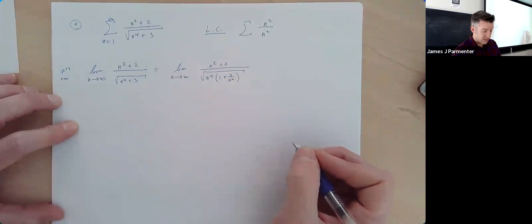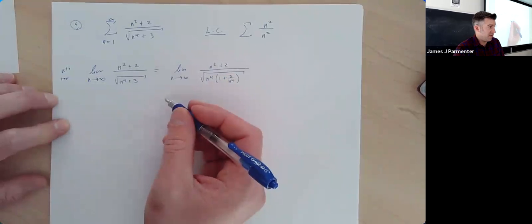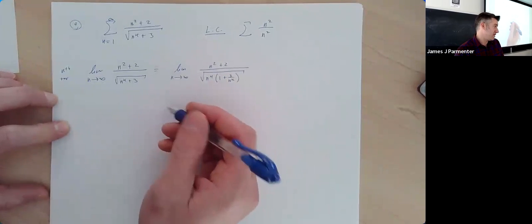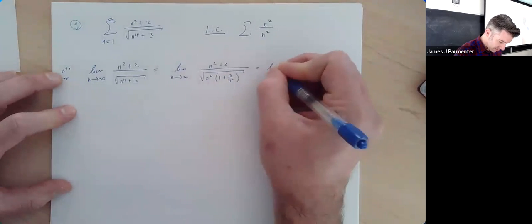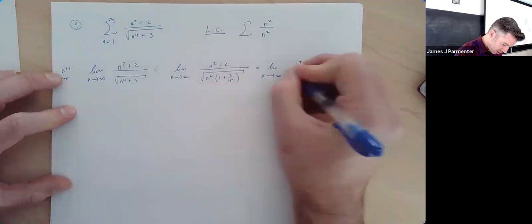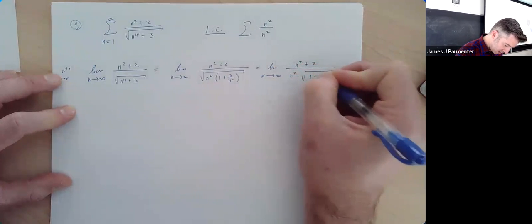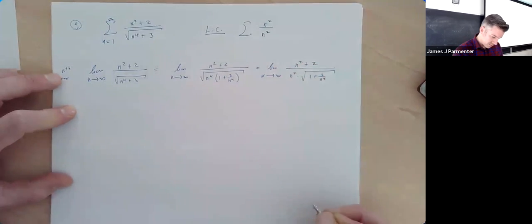The reason is so that I can bring out the n squared. Because what's the square root of n to the fourth? It's n to the fourth to the 1/2, or n squared. This is going to be the limit as n goes to infinity of n squared plus 2 over n squared times the square root of 1 plus 3 over n to the fourth.